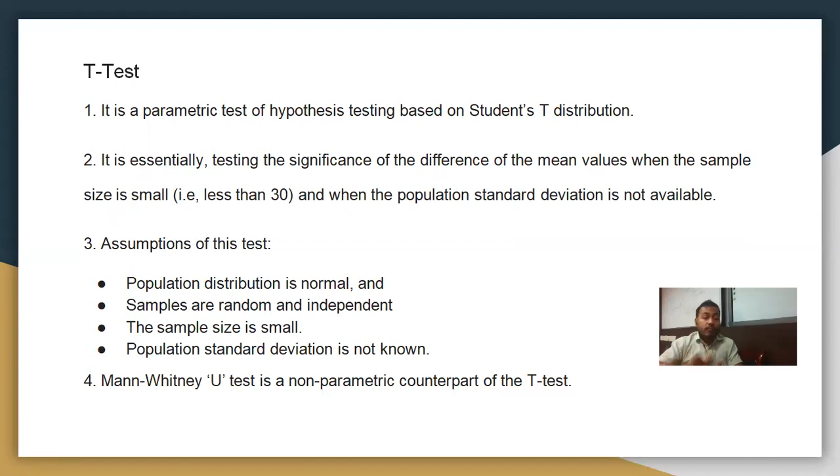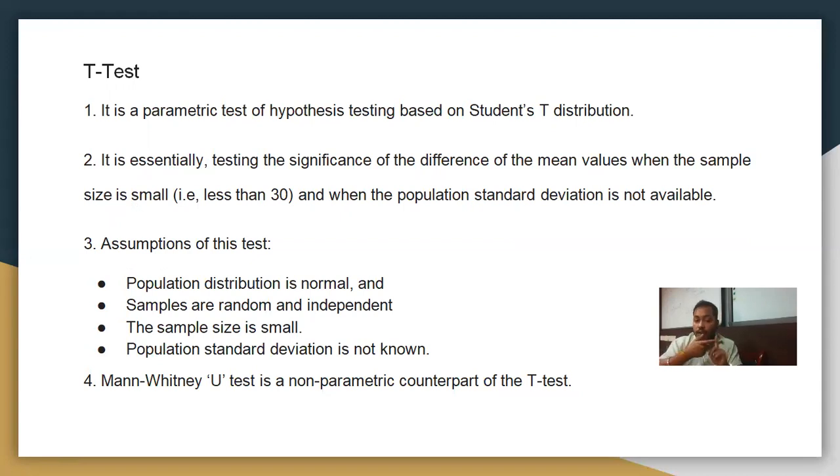So what are the assumptions that we have to make for this test? First, population distribution is normal, samples are random and independent, and the sample size is small, and the population standard deviation is not known. I'm repeating again, these are the assumptions that you have to make for the t-test.